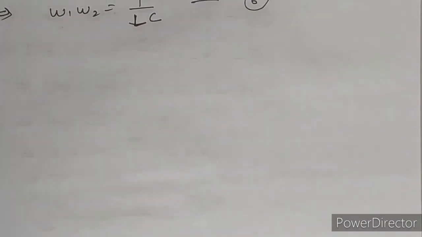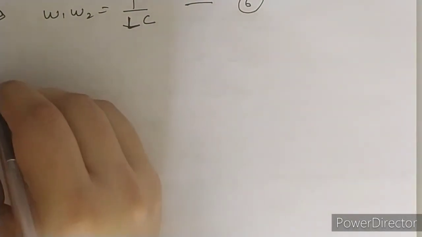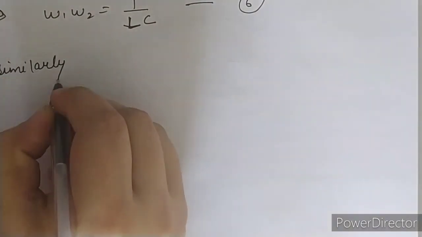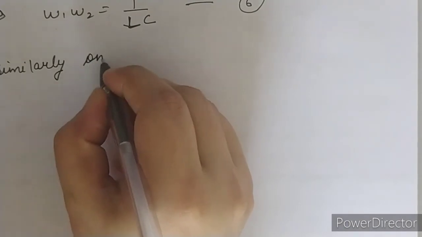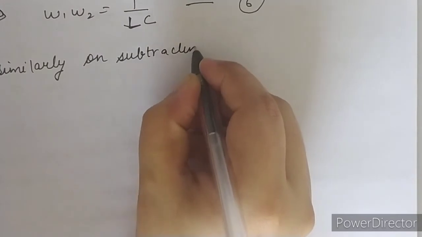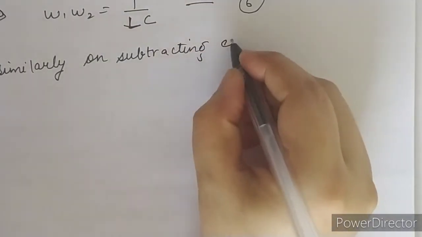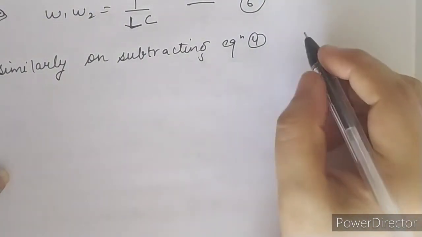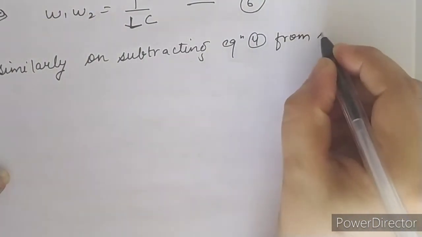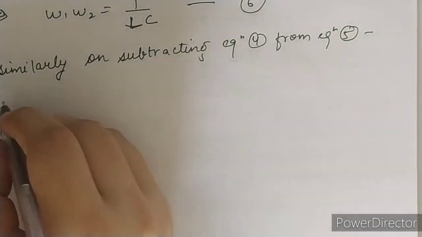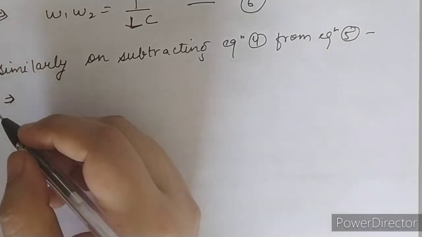Now afterwards we are going to solve the second equation, similarly, on subtracting equation 4 from equation 5. So what is equation number 4 and equation number 5?